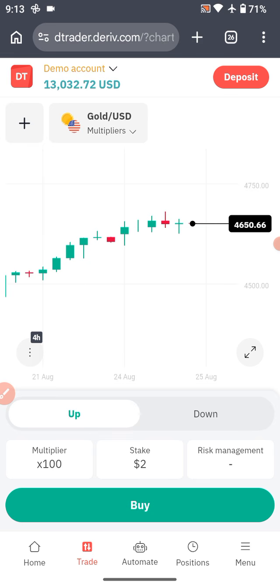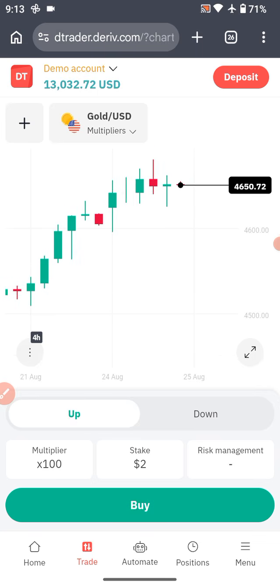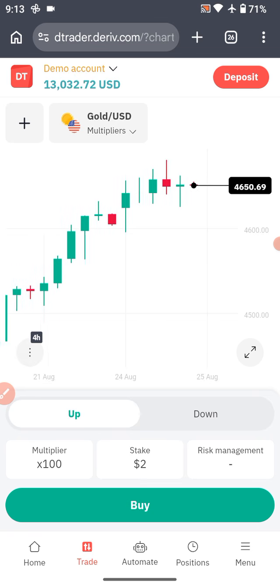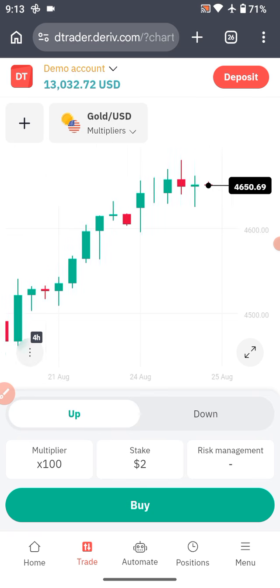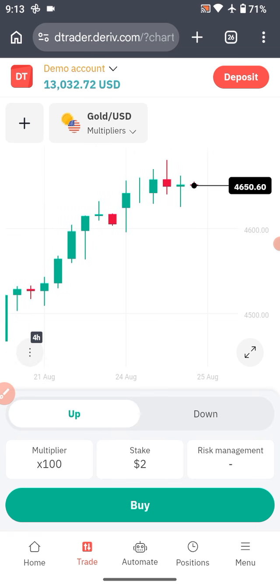Because the more you get impatient with your capital, the more you lose. And the fact about this market is, whether you are trading or not, the market will always move.